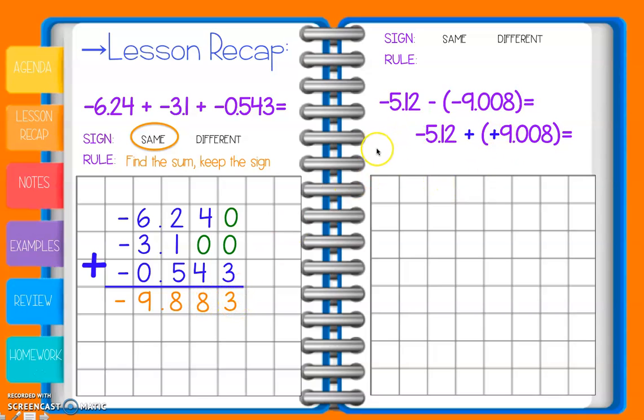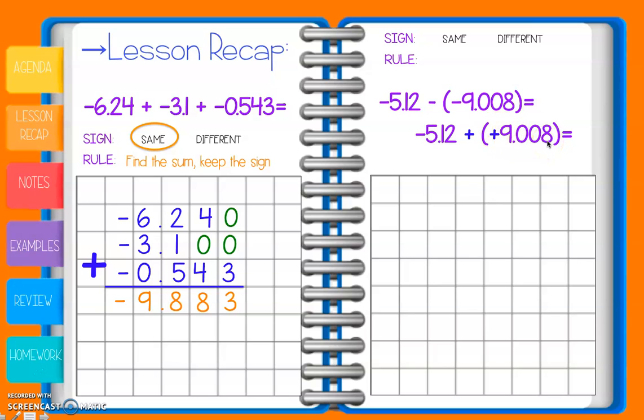Okay, so let's look at a subtraction problem. On our subtraction problem, we have negative 5.12 minus negative 9.008. Now our subtraction rule is that we change our subtraction to addition, which I did right here, and add the opposite. Now you remember back in the integers unit, I told you to rewrite that problem. Same thing stands today. So our new problem says negative 5.12 plus positive 9.008.